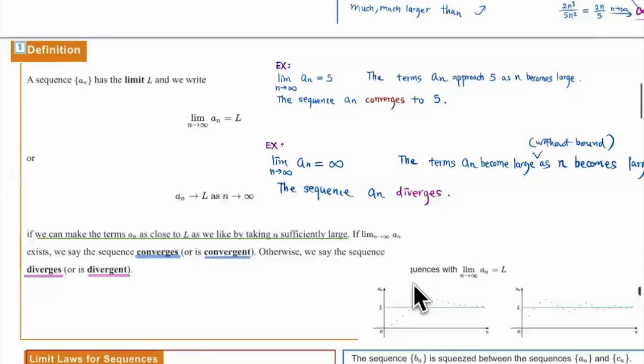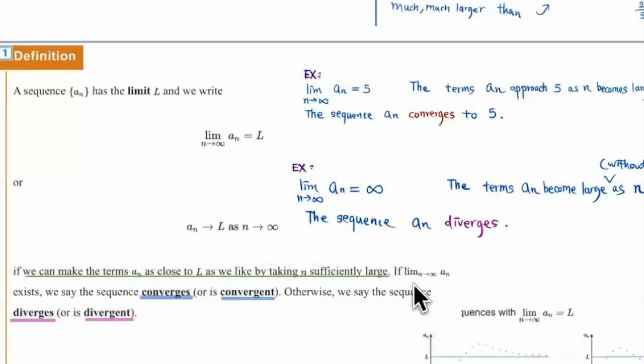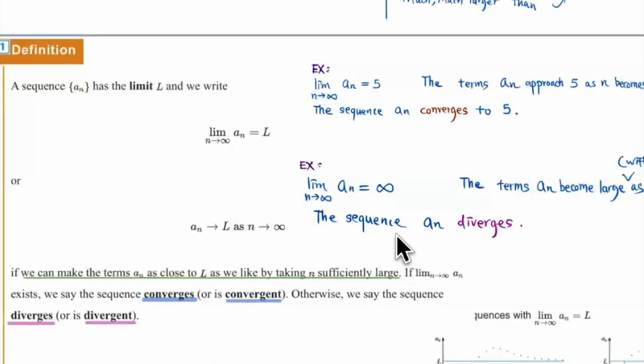Now the next one here, we talk about a definition. So what does it mean? What does it mean that the sequence has this limit L? For example, what do you mean that the limit of this sequence equals 5?